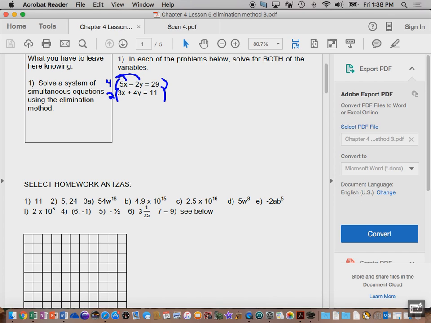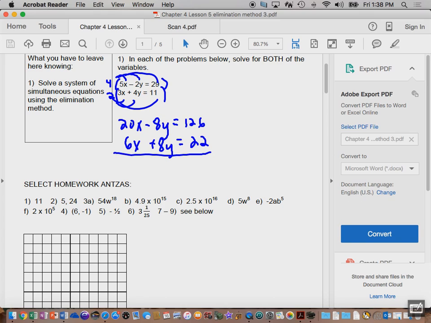I'm going to distribute on the top, I'm going to distribute on the bottom, and I get 20x minus 8y equals 126, and 6x plus 8y equals 22. And look, aren't they matched up again? Yeah. So that technique will always work for you. Add. 26x equals 148, and then it works out the same as the other one does, so don't worry about it.